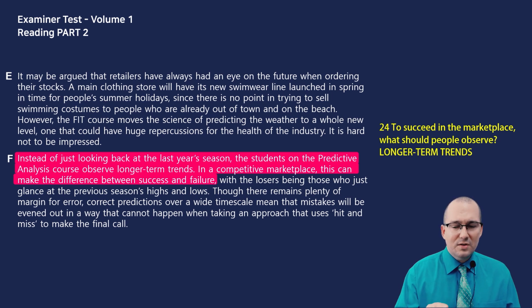So this idea of it can make the difference between success and failure, and to succeed in the marketplace. Those two longer expressions are completely matched. Again, the difference between success and failure, what do they need to focus on, or observe? Well, longer term trends.